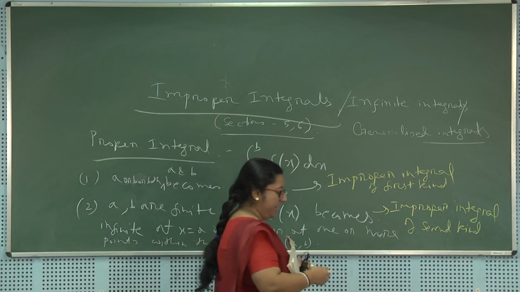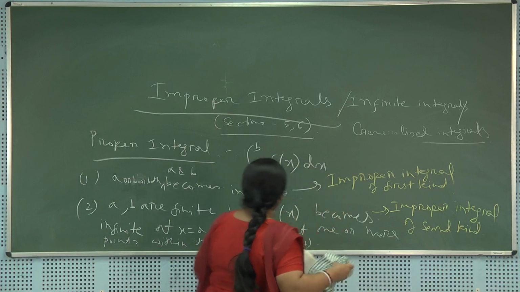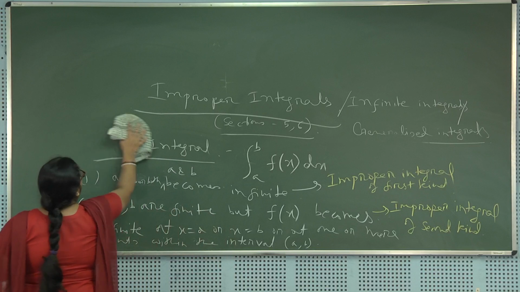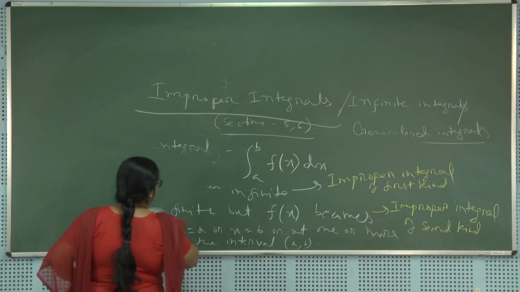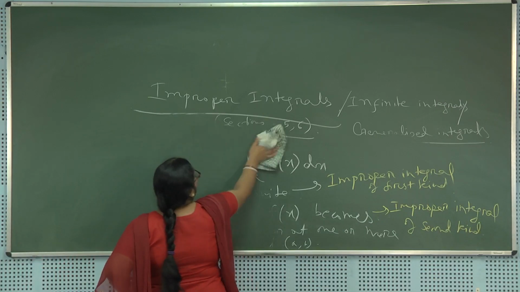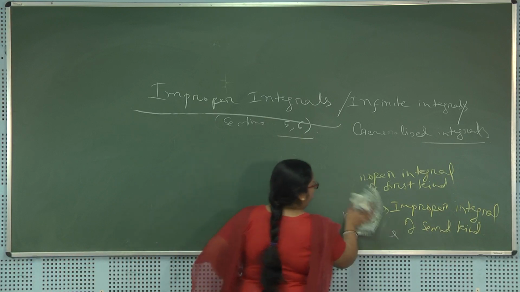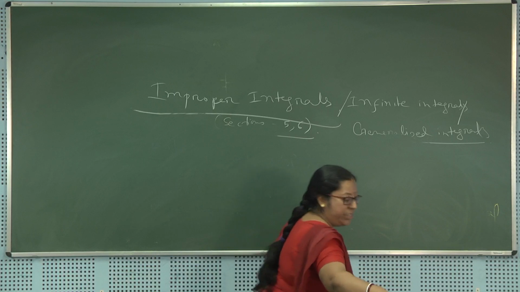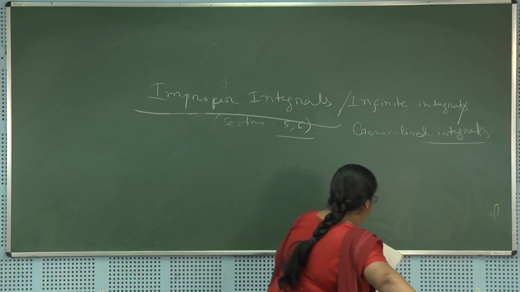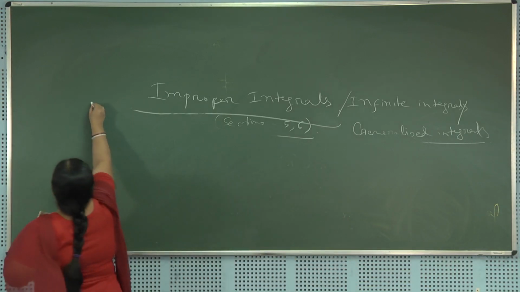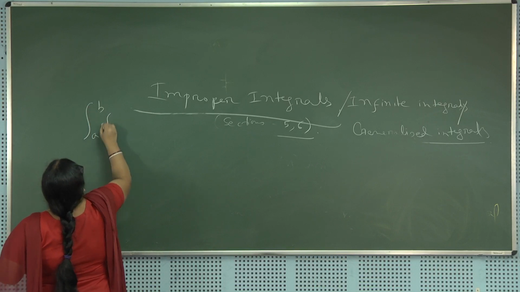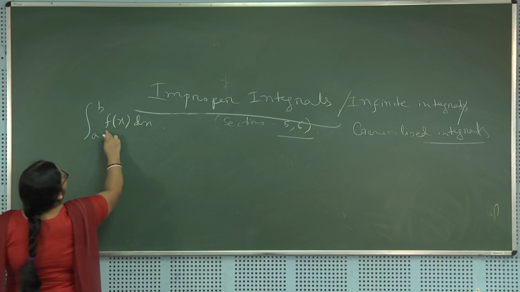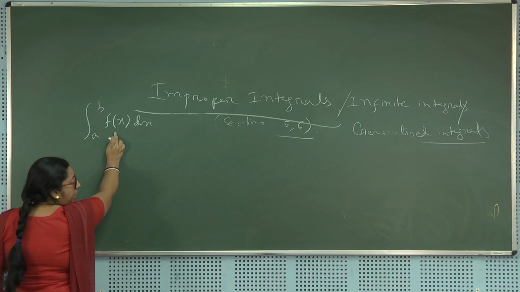So, for this we make some assumptions, so that this improper integral is defined. What is the first assumption? Because we would like to study systematically, for that we will assume some conditions. The first condition is that within this interval a to b, when you study f x dx, our f x does not change sign throughout.